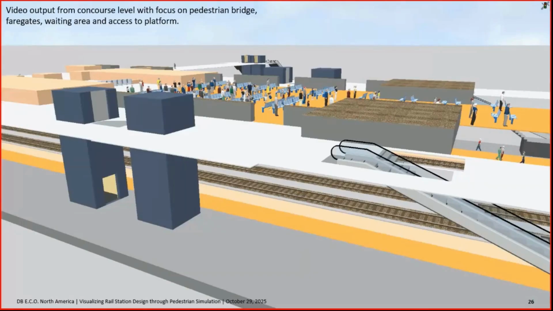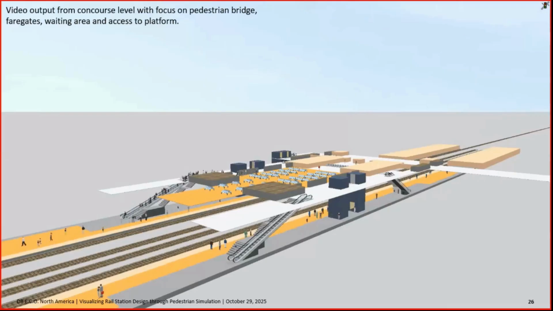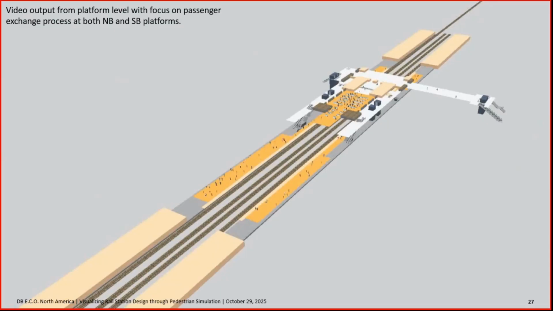So they proceed to the platform. And then same for the southbound. And then here's a video showing the passenger exchange process when the trains are actually arriving.